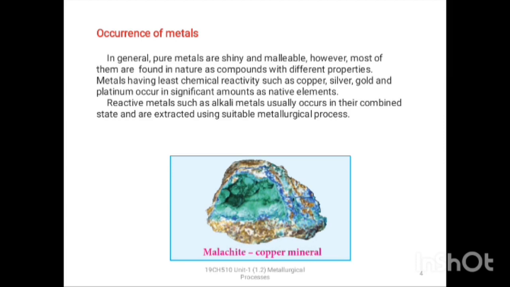Reactive metals such as alkali metals usually occur in their combined state with other elements and are extracted using suitable metallurgical processes. On the screen you are seeing a mineral of copper, which is nothing but malachite.